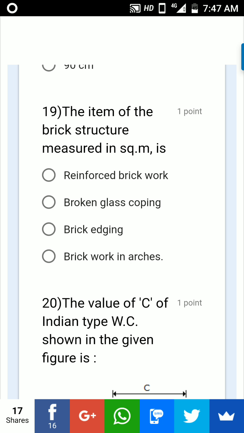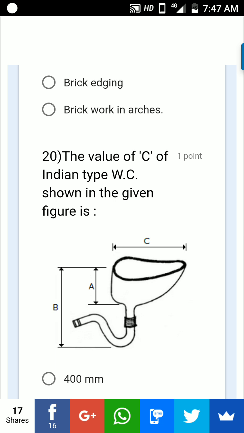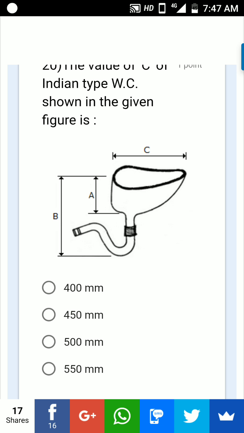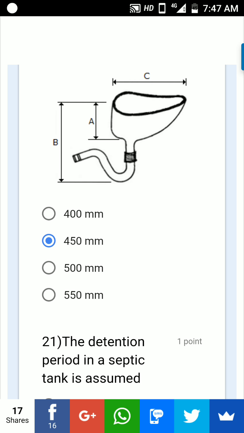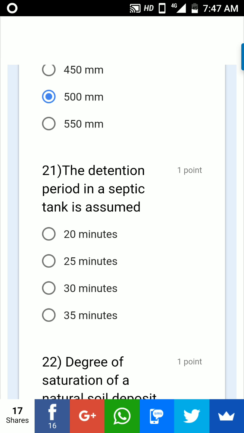The item of brick structure measured in square meter is broken glass coping. The value of C of the Indian type WC in the figure is 500 mm and the value of B will be 450.